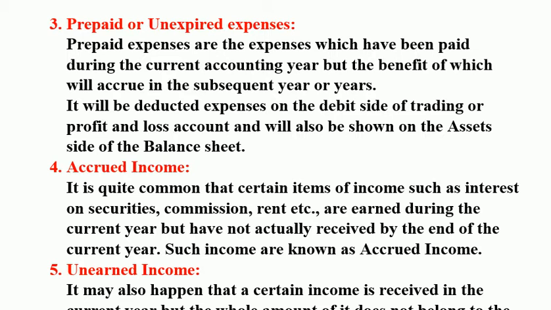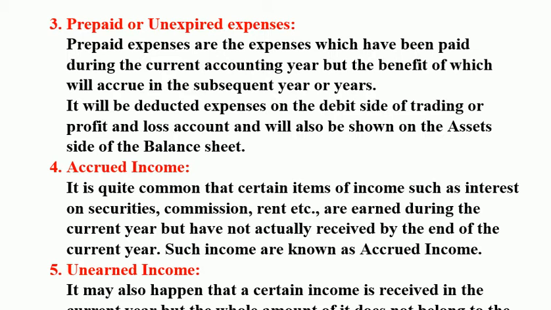We can take another example: rent. Your business premises is on rent, and if the organization has paid the rent to its landlord for 15 months, the extra 3 months rent which the organization has paid is your prepaid expenses.